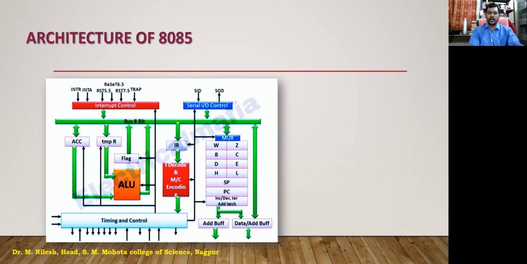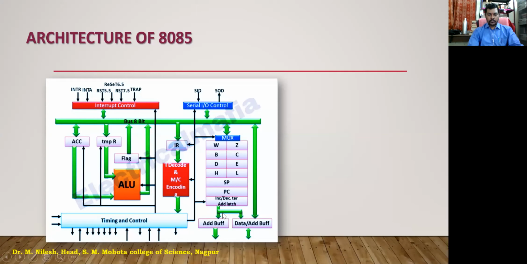Then we have the increment decrement address latch. After every execution, the program counter increments itself to the next memory location where the data is kept, and that is recorded by this increment decrement address latch.